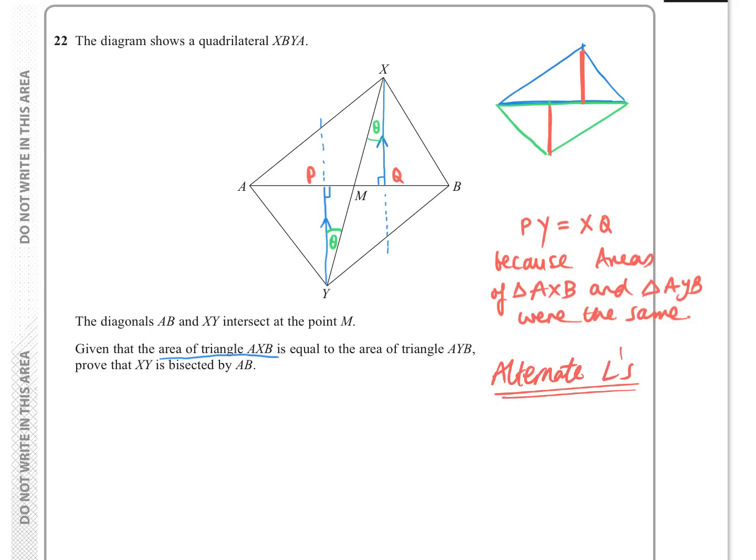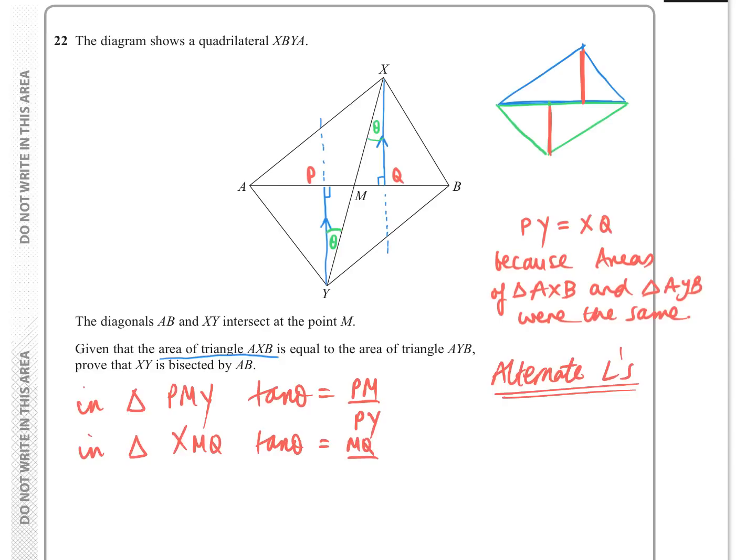So we've got 2 right angle triangles now. So in triangle PMY, we can say that tan theta is opposite, which is PM, over adjacent, which is PY. And in triangle XMQ, we can also say that tan theta is MQ over XQ.